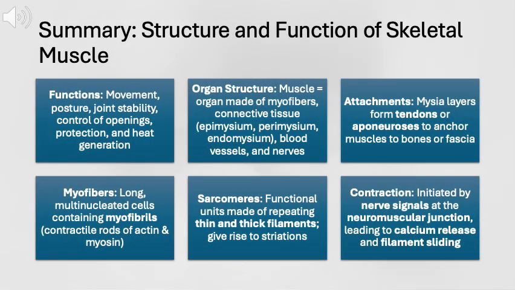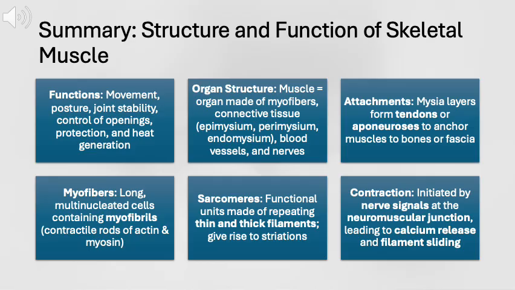To summarize, skeletal muscle is a highly organized tissue built for controlled force production. At the macroscopic level, it's an organ made up of muscle fibers, connective tissue, blood vessels, and nerves. At the microscopic level, its function is rooted in the repeating sarcomeres of each myofibril, where actin and myosin interact to create movement.